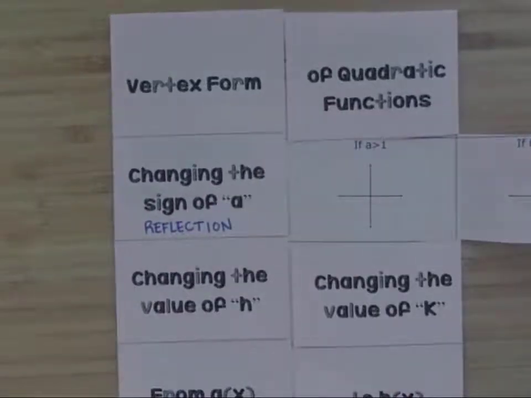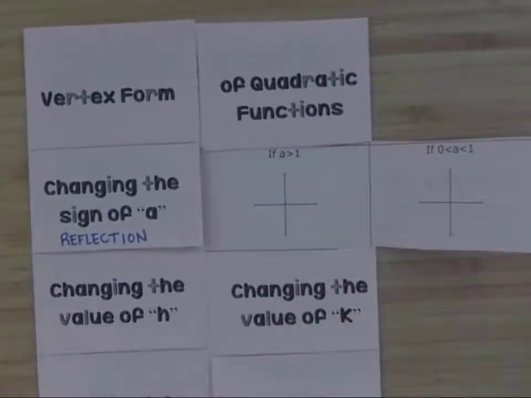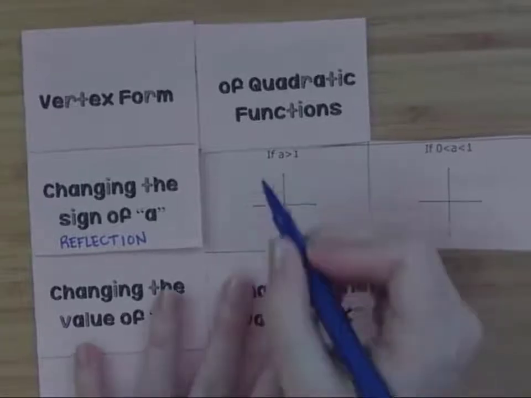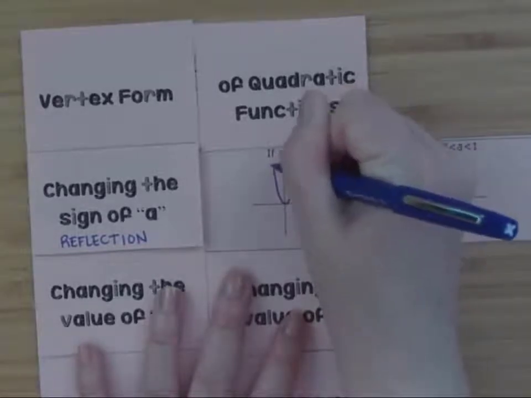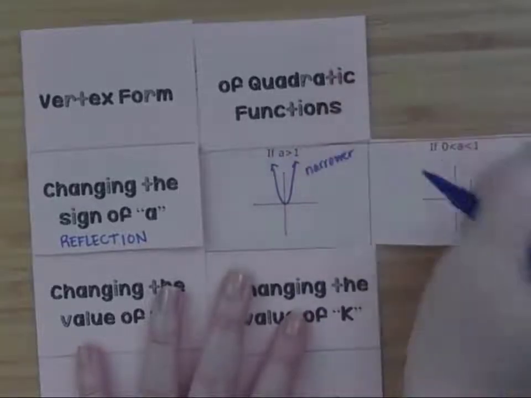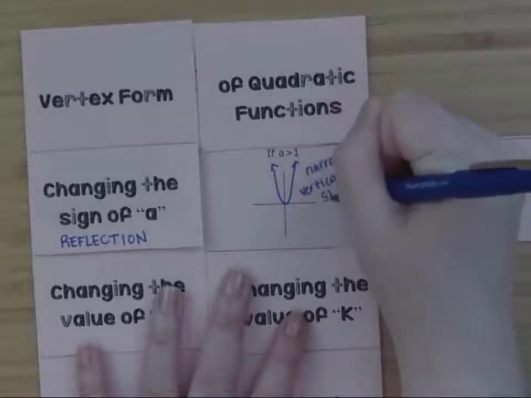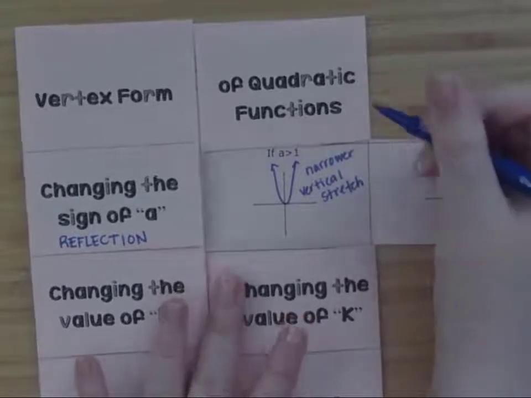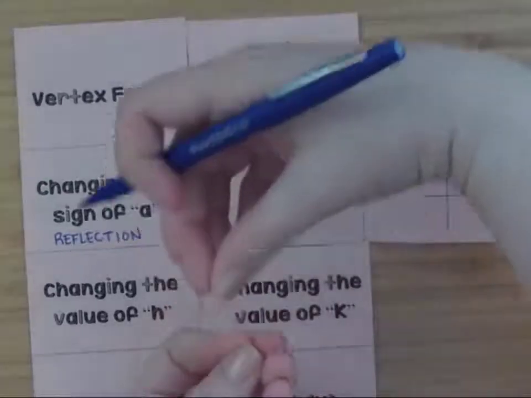And when we're talking about this value of A, we're going to ignore the sign, meaning whether it's opening upward or downward is not what we're concentrating on, but we are concentrating on the absolute value of A. So if A is greater than 1, what we end up seeing is something that is skinnier or narrower than the parent function. You might see it called a vertical stretch.